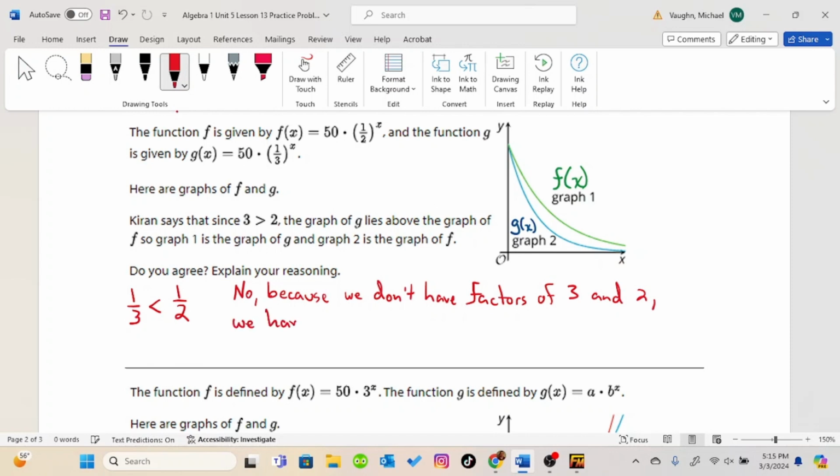We have factors of 1/3 and 1/2, and 1/3 is less than 1/2.